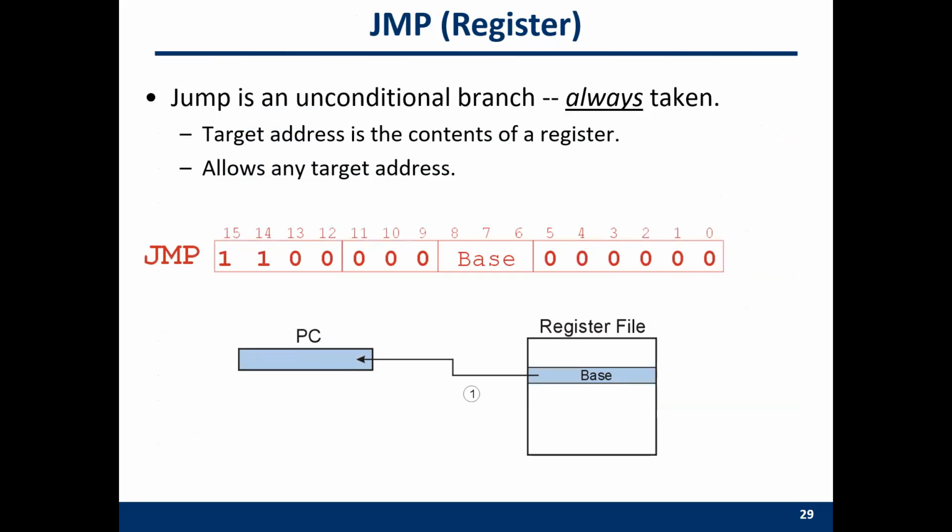The last instruction is the unconditional branch, which is the jump. So you always take the branch, and the target address is the content of a register. It allows any target address. This is the opcode of the jump, and this is the register used.